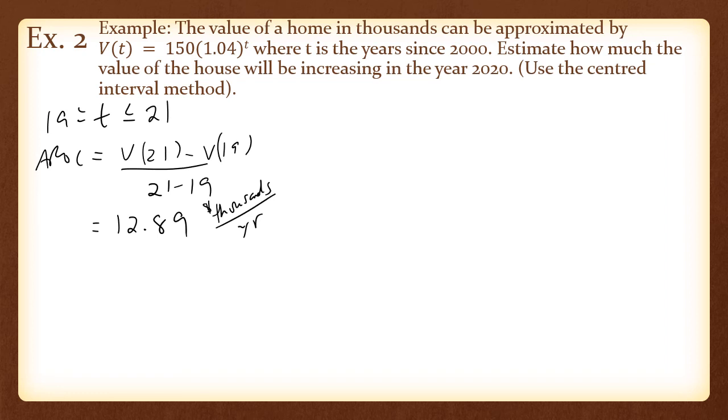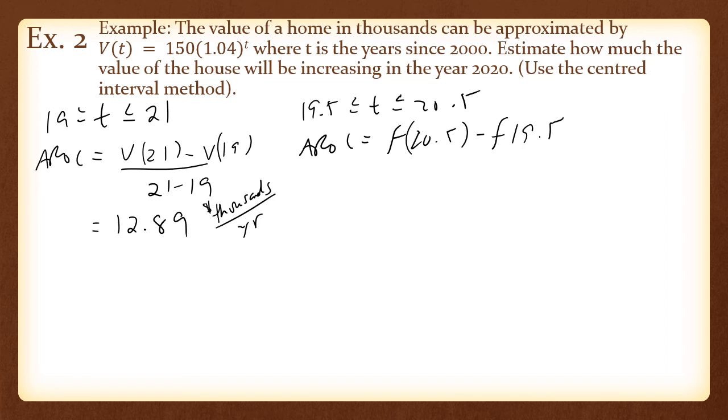Let's do it between 19.5 and 20.5. Again, 20 definitely in the middle. IROC equals f of 20.5 minus f of 19.5 over 20.5 minus 19.5.